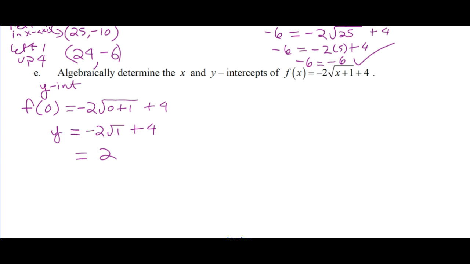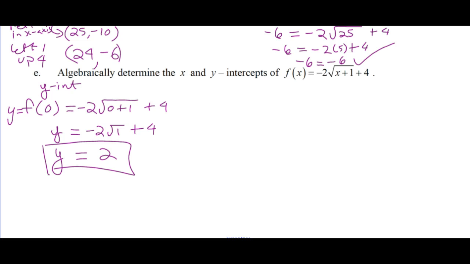Okay, so f of 0, I'm going to replace that and just say y equals 2.